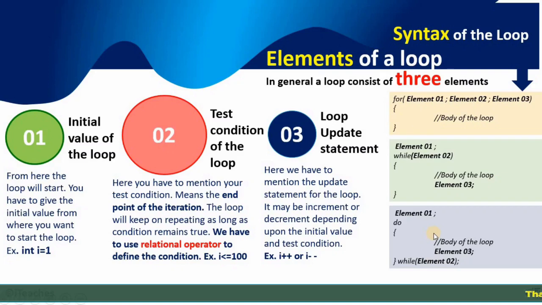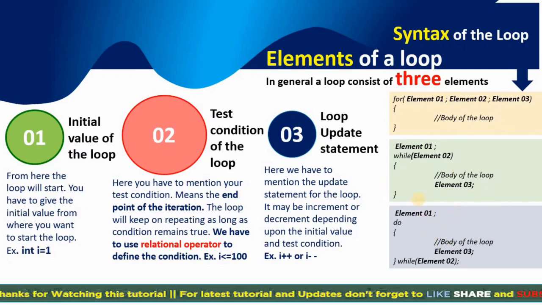So depending upon this arrangement only, if you remember in the previous slide, I already told you that a loop can be an entry control loop or an exit control loop. So this is the difference. This arrangement is actually different. Over here, the control statement is at the top, that is the condition is at the top, and then we have the body.